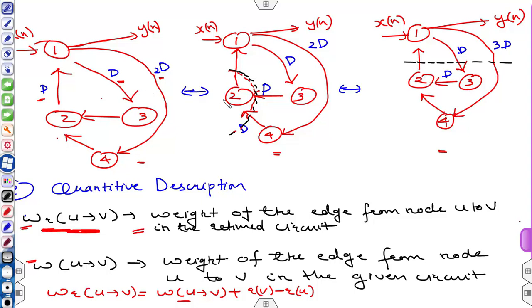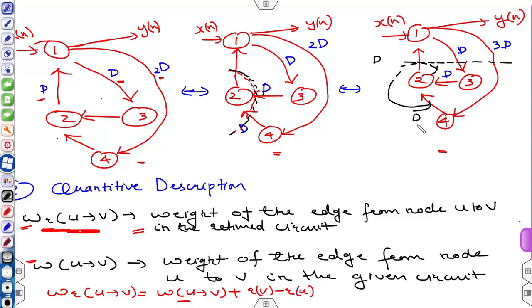If you carefully observe these two graphs, you can see that you are taking out a delay element from the outgoing edge of node 2, and you are adding the delay element to the incoming edge of the same node 2. So in this graph you have removed the delay element from the outgoing edge of node 2 and transferred it to the incoming edges.